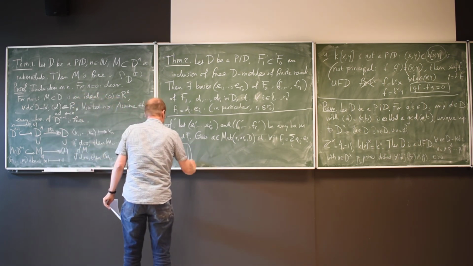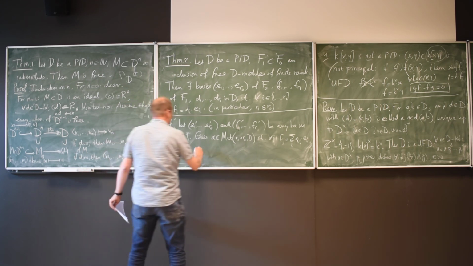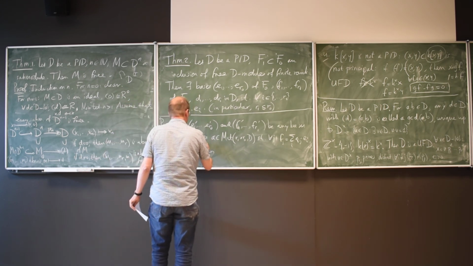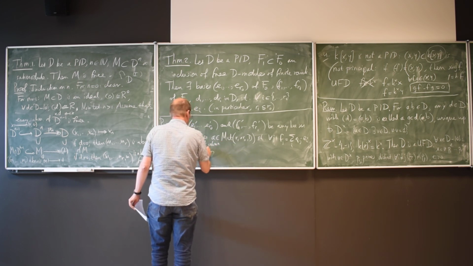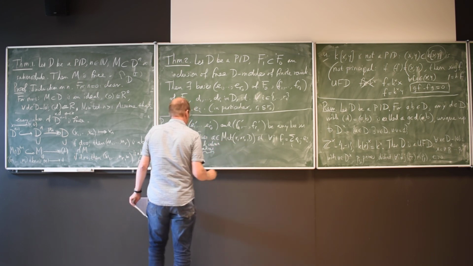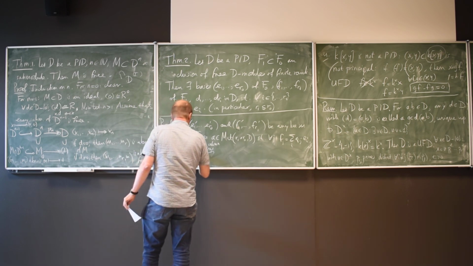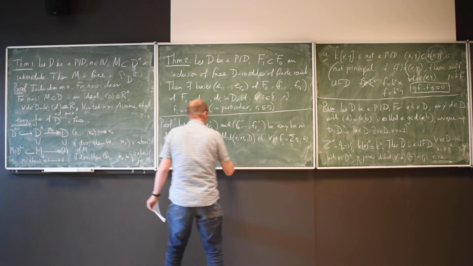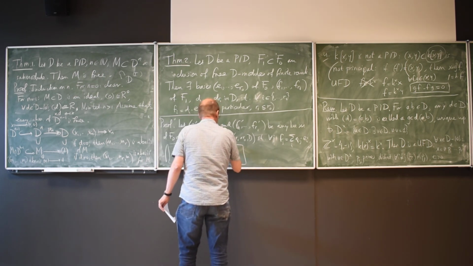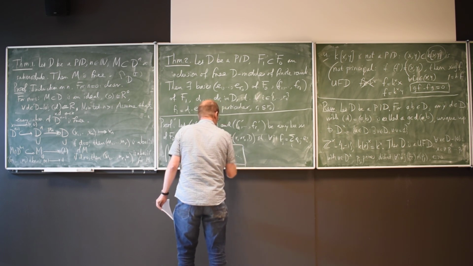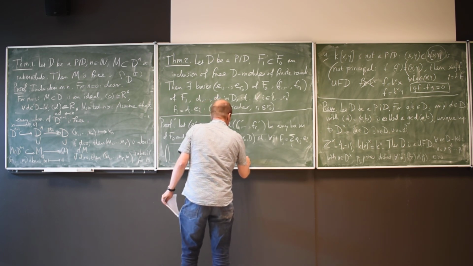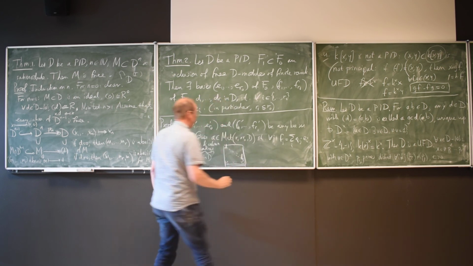And now you can do row and column operations, just like in linear algebra, but now with coefficients in D, and you can go to a matrix that is like this, D1 up to DR1, well, maybe this matrix is a bit higher than it is wide, and then here, if you go on, you have zeros.